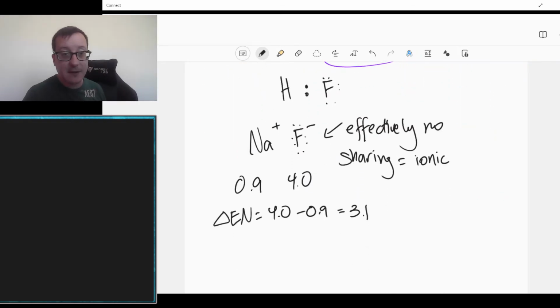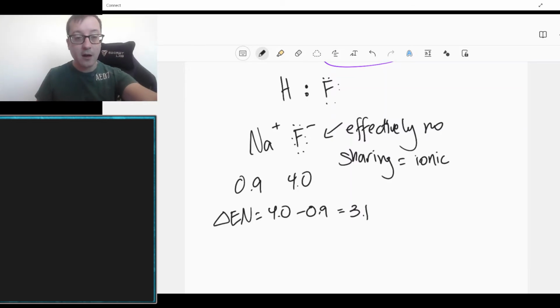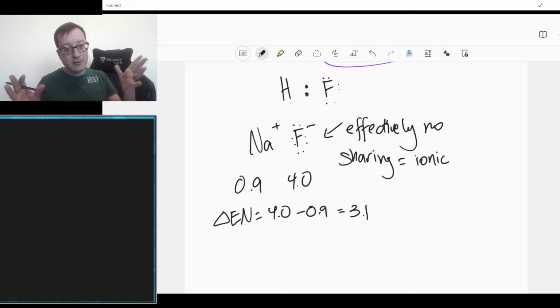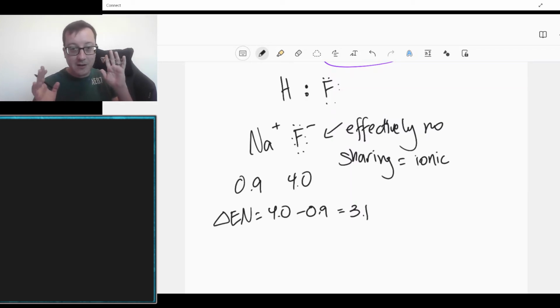That's the difference in their electronegativity values. And so that's why this is an ionic compound. We see that as we get to a bigger and bigger difference in electronegativity, the more likely it is we're just going to steal it. And in reality, this is a spectrum. Covalent and ionic are really a spectrum. It's kind of hard to say, well, is the electron still being shared or is it fully taken away?